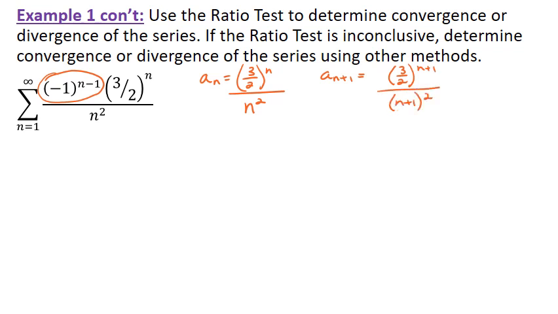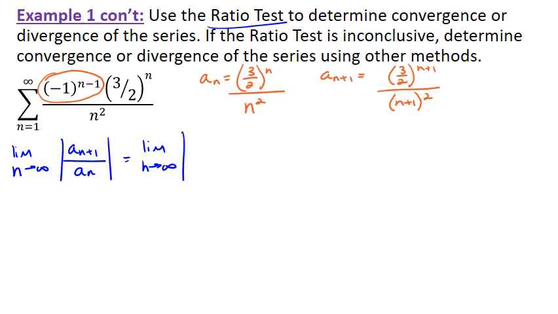Okay, so now applying the ratio test, we have the limit as n approaches infinity of the (n+1)th term over the nth term, which is equal to the following. Now I'm going to go ahead and apply the copy dot flip trick right away.